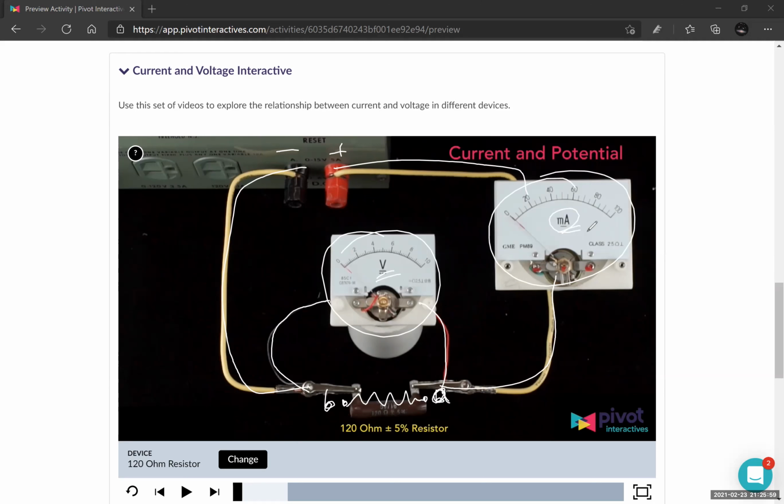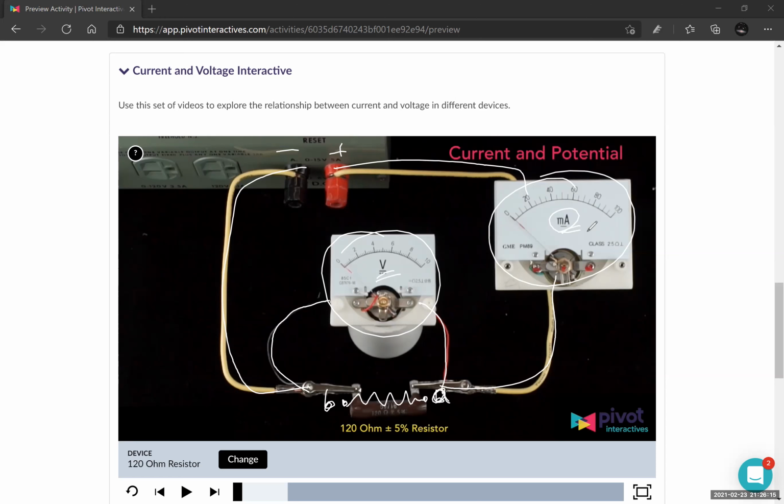All right. We're also given that there's a device that has 120 ohm resistance. Since you're given the resistance value, you can then verify that by looking at the slope of the graph.